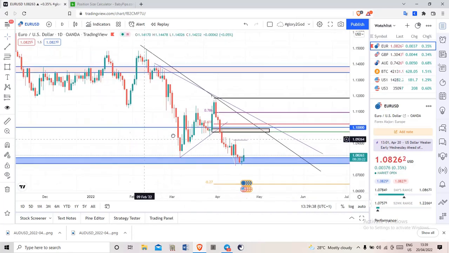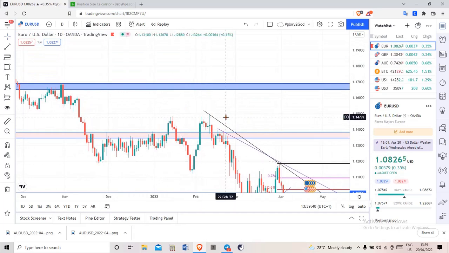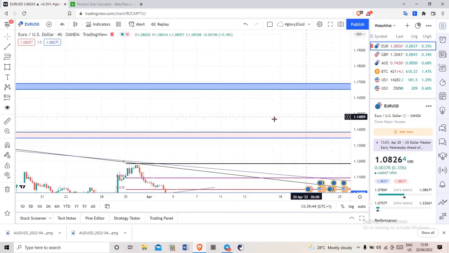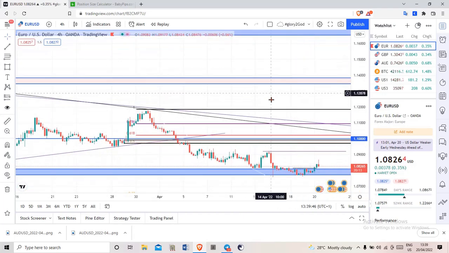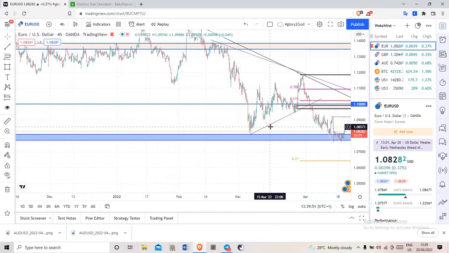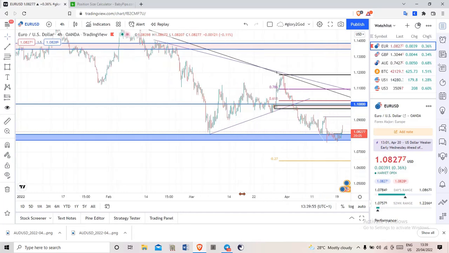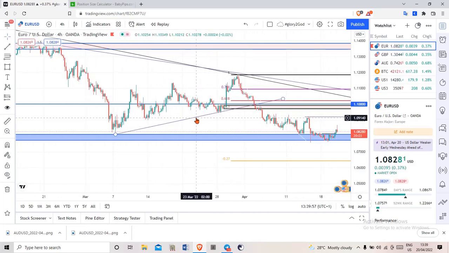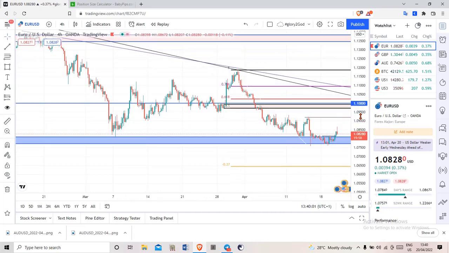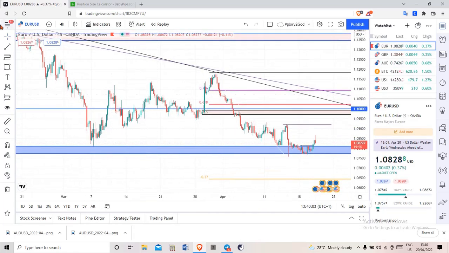Okay, so how do I draw my trend line? Let's go to the 4 hourly time frame. Let me show you a typical and very simple example for you to understand, like this one that I drew here. All right, you could see what I did. Trend line is all about picking swings, whether swing highs or swing lows. When I want to draw this trend line, I picked here.